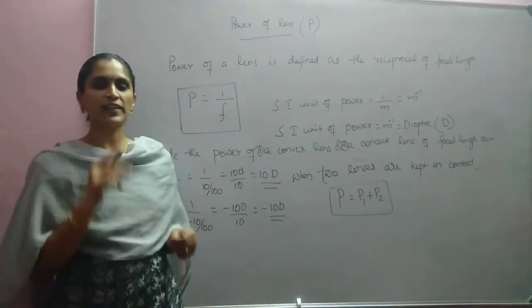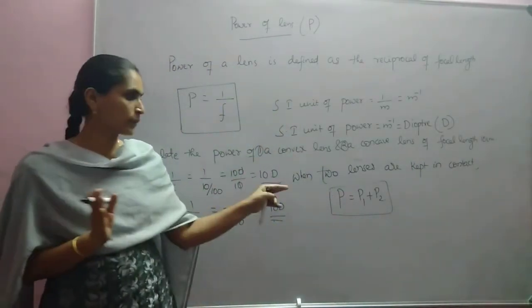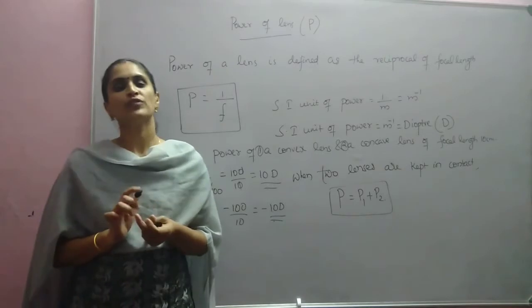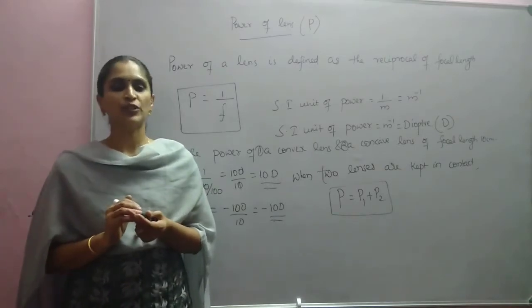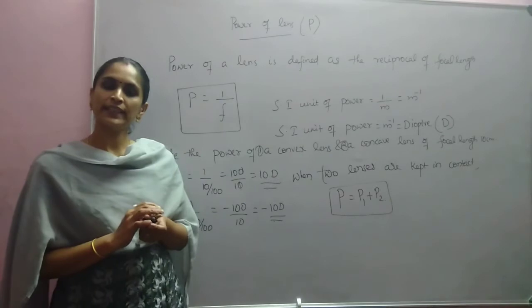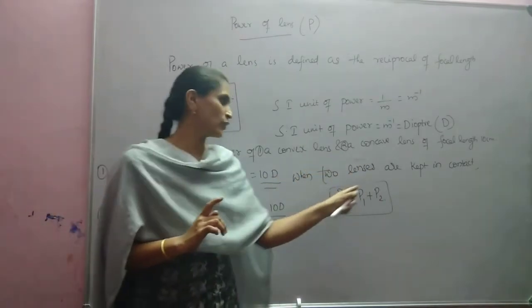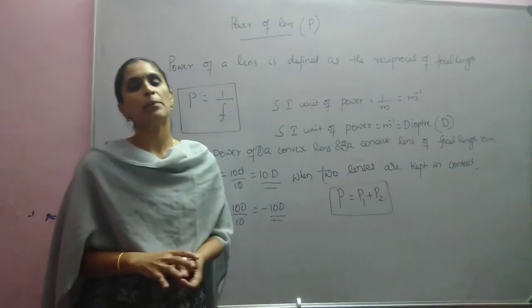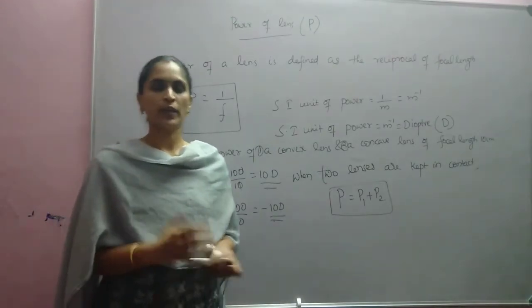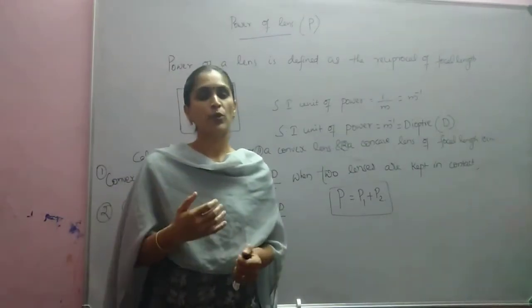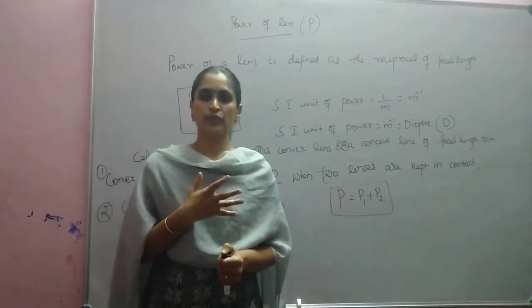Is it clear? Understood? So if two lenses are kept in contact, total power is given by P1 plus P2.